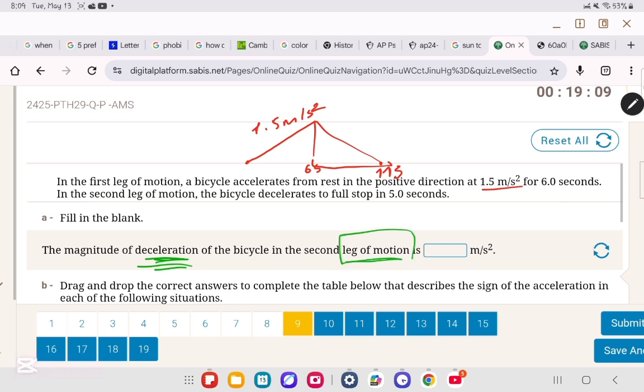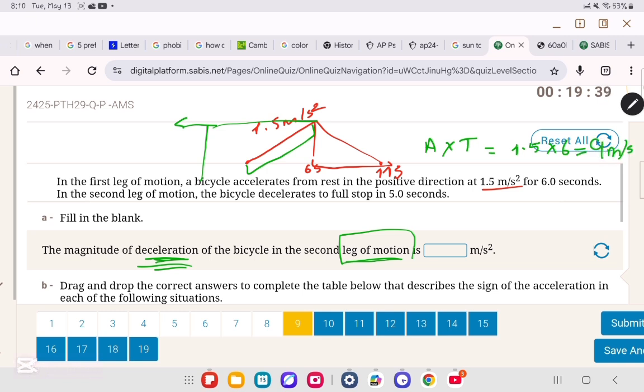Okay, in order to find this, look how we're going to do it. We're first going to take the total speed that was reached in the first 6 seconds. In order to find it, you're going to do the acceleration times the time. So acceleration is 1.5 meters per second squared times the time, which is 6. You're going to get 9 meters per second.